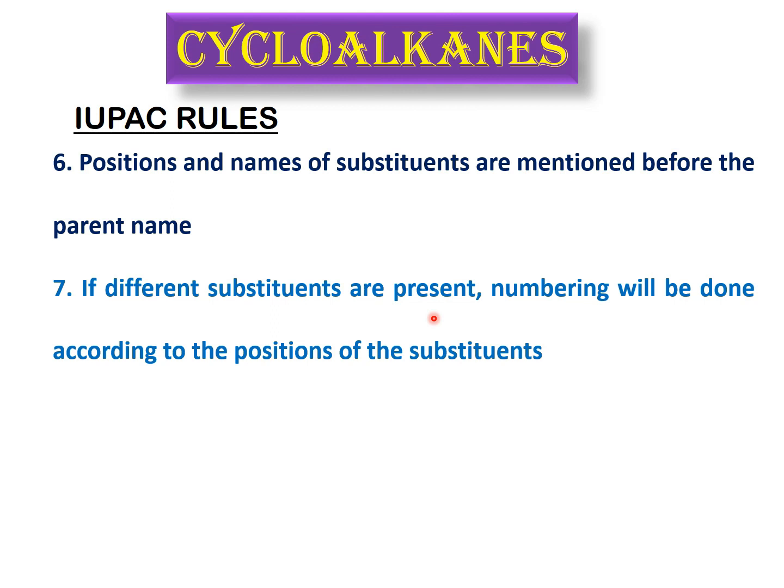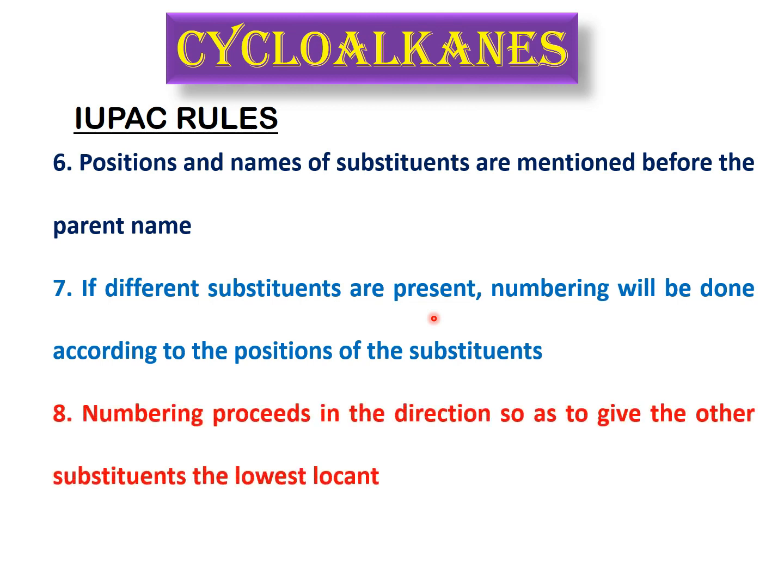That means that the sum of the positions of all the substituents must be lower. And I have already told you in the first part of the nomenclature of cycloalkanes how to calculate the sum and then keep the lowest sum for naming the cycloalkane. So you can watch that in the first part of this video.